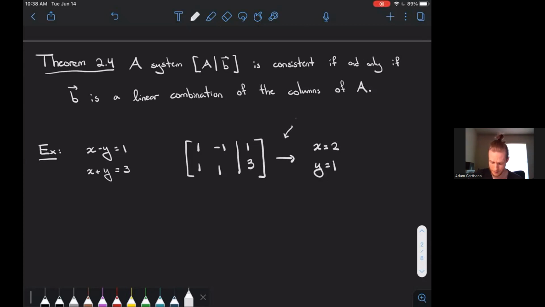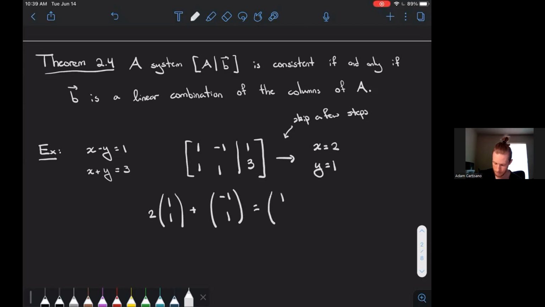Skip a few steps. You should probably go back and verify that this is the unique solution for this system. But what it tells us is that apparently 2 times (1, 1) plus 1 times (-1, 1) equals (1, 3). And sure enough, that works out.